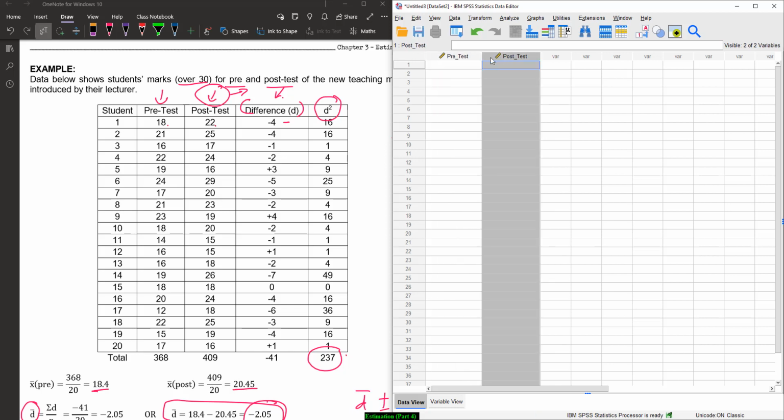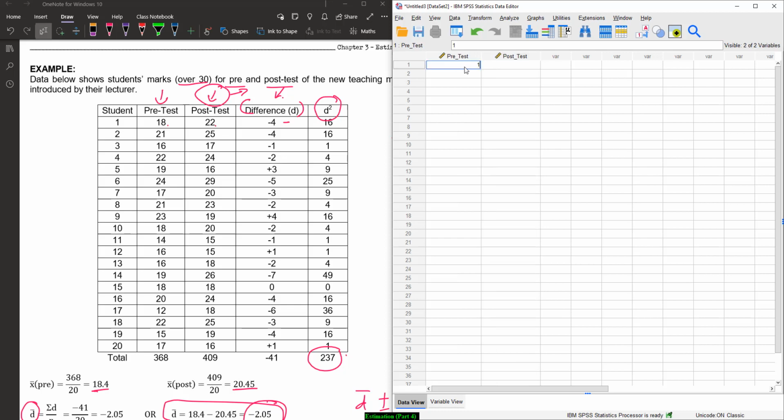It should have two numerical variables. So you start keying in the data: 18, 21, 16, 32, 19, 24.